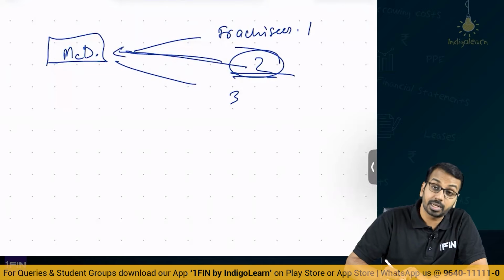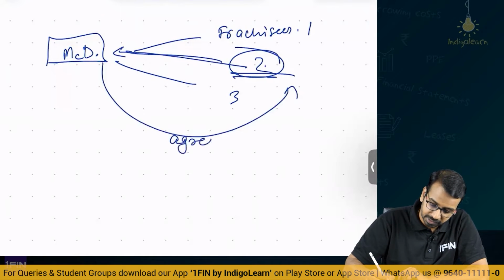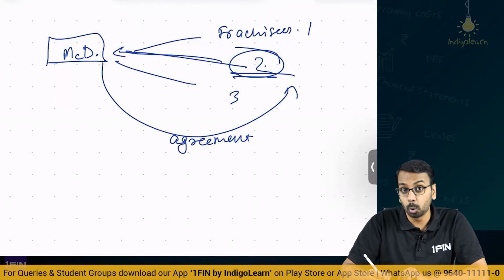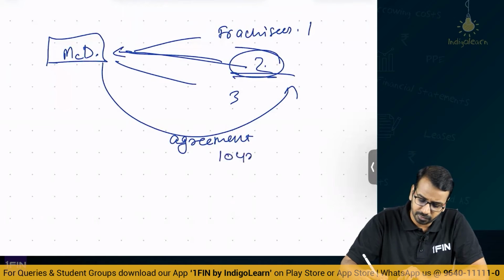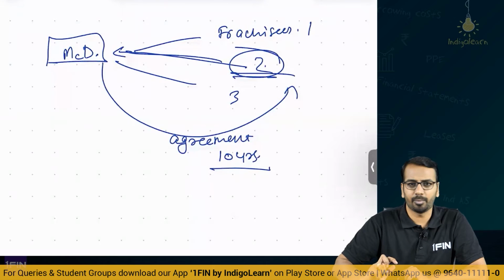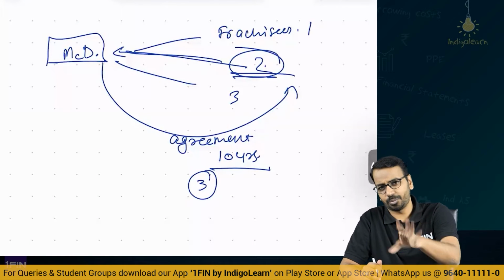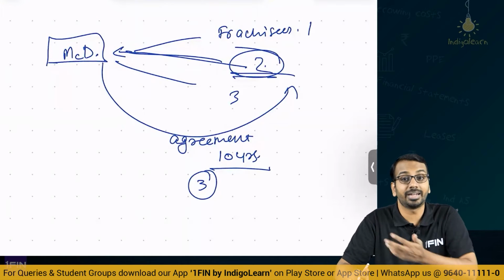So now initially when I had given them franchisee, I had entered into an agreement saying that, let us say, you can use my brand name, you can use my logo, you can use my process, you can use all my recipes, let us say for a period of 10 years at some predetermined amount. Now after 3 years, I say, you leave it, we'll terminate this agreement, whatever penalty is there, I'll pay the penalty, I will take over the business.